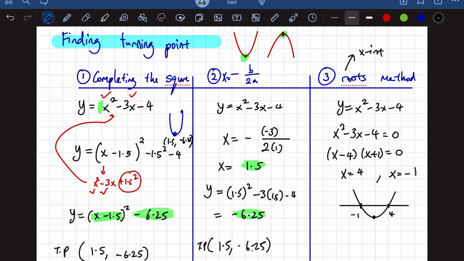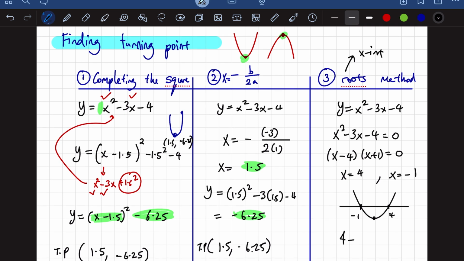How do you find the midpoint? You will basically want to add 4 and minus 1 together and divide that by 2. So when you have 4 plus minus 1 divided by 2, you get 3 divided by 2, and that will result in 1.5.